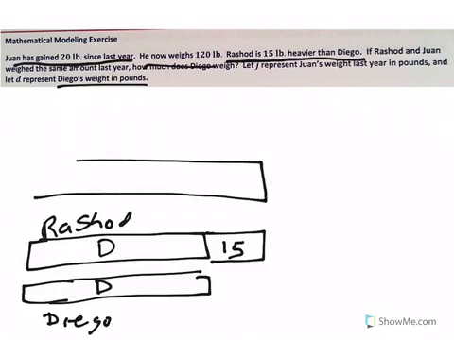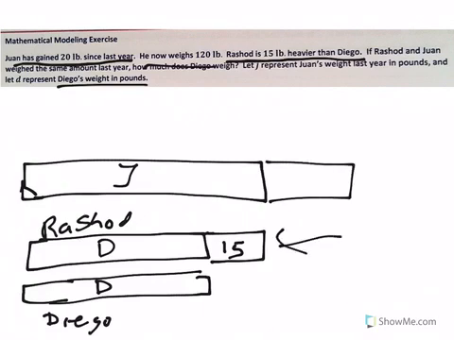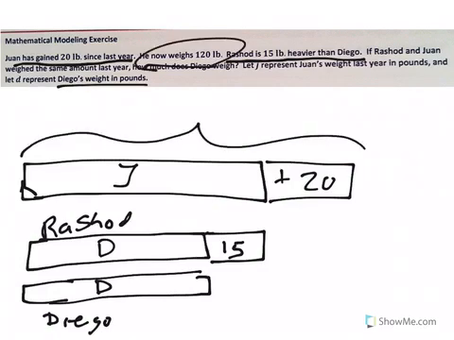So this amount is Juan, because Juan weighed the same amount as Rashad, but then we add a little bit more, since he's gained 20 pounds. The other thing that we know is he now weighs 120. So this whole thing is 120 pounds.